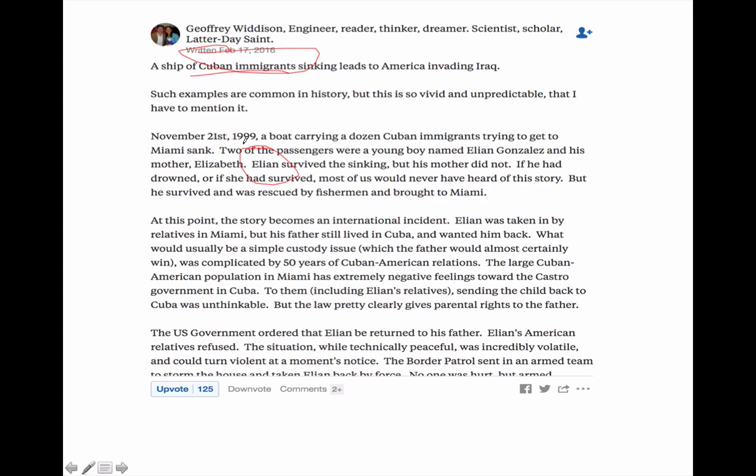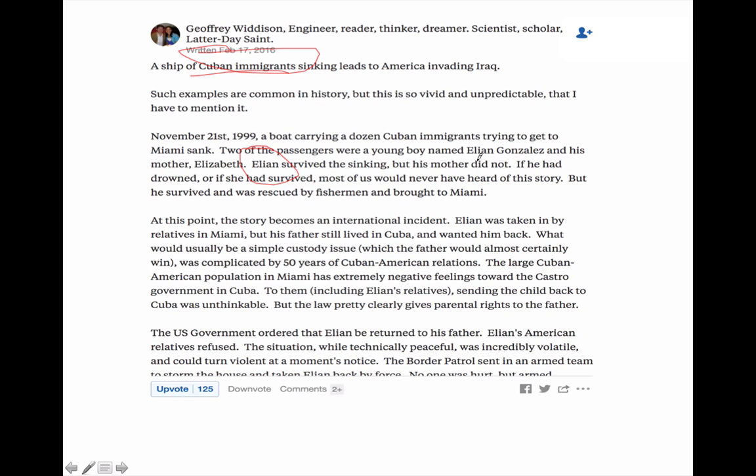So that boy, his custody was taken by someone in America, but according to the laws of America, his mother was no more, but his father had to be given his custody. But there were no relations between America and Cuba, and as a result, the boy had to be returned to his father. So police forcefully took the boy away from his custodian and gave him to his father.